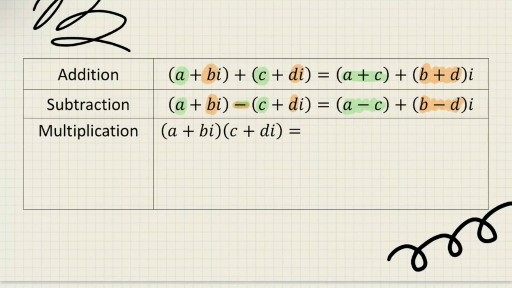Tetapi untuk multiplication, kita kena expand. So rasanya semua orang pun dah pernah expand kuadratik kan, macam X plus Y dengan A plus B kalau kita nak expand macam mana. So first kita akan start dengan A multiply by C plus DI.